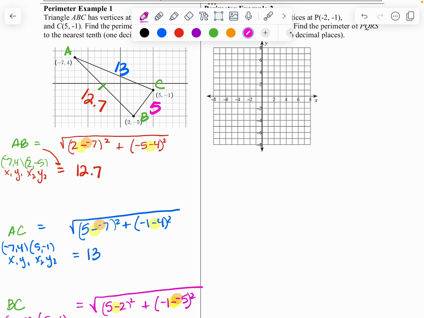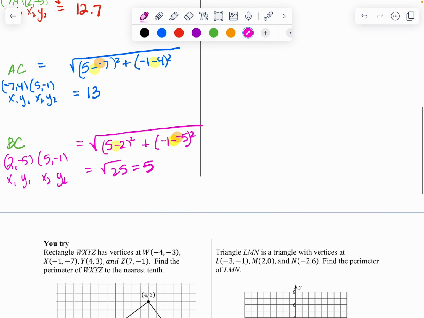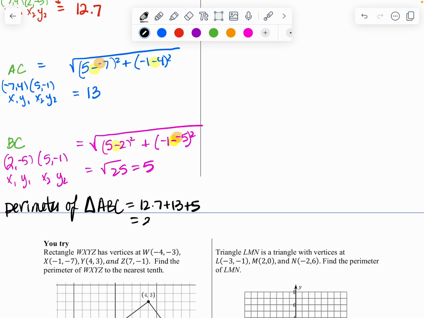So now all I've done so far is find the side lengths. To add it all up, the perimeter of triangle ABC is 12.7 plus 13 plus 5, which is 30.7 units.